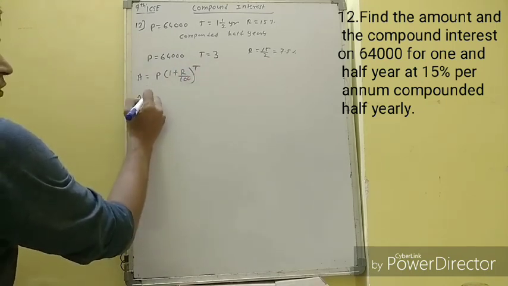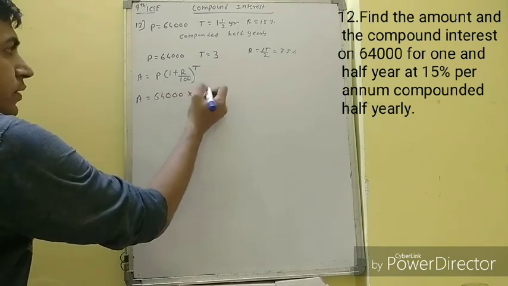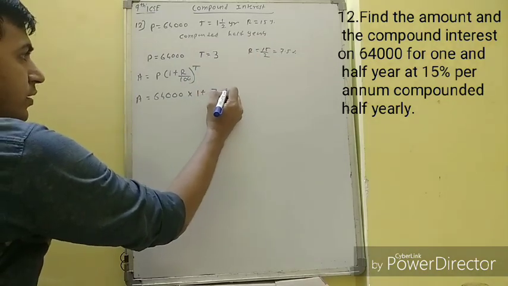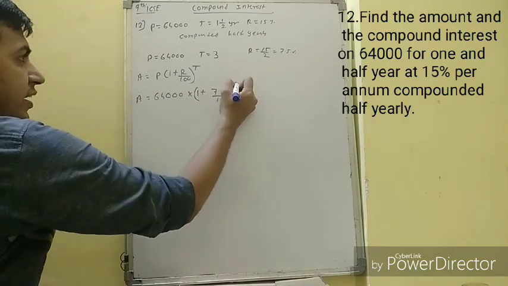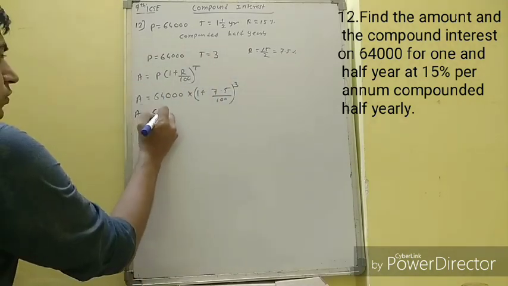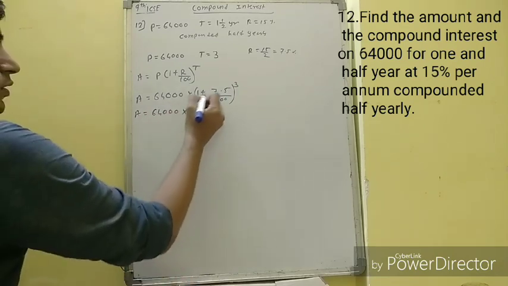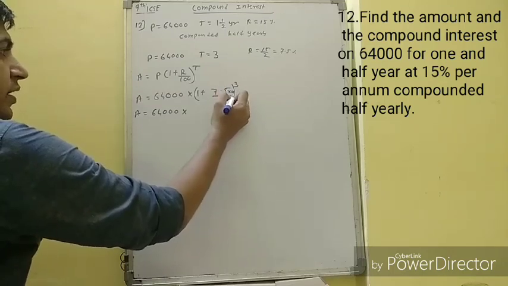So the amount is equal to 64,000 multiplied by 1 plus, what is the rate? 7.5. So 7.5 upon 100 raised to 3 times. So it is 3. Okay, so it is 64,000 multiplied by, I will do one thing to eliminate this point.